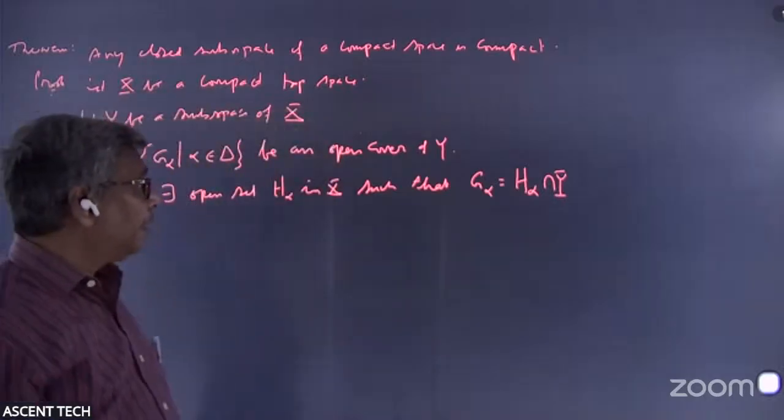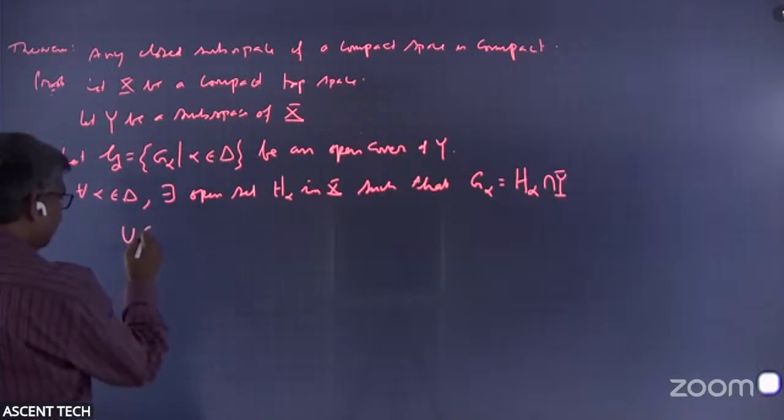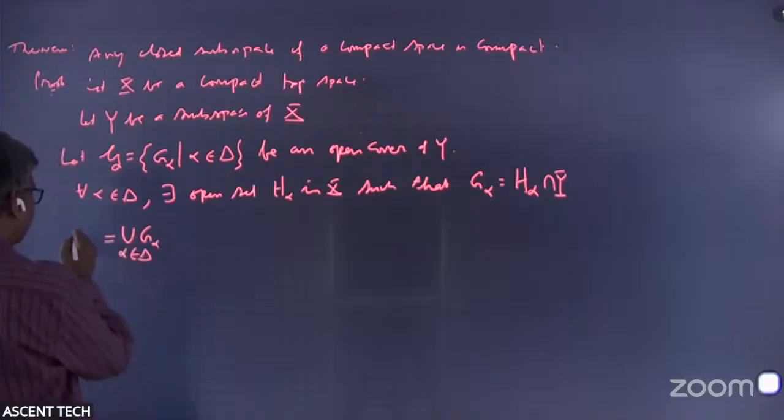Also, we are given that it's a cover of Y, so the union of G alpha, alpha in delta, is Y.